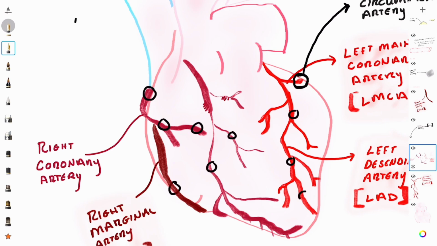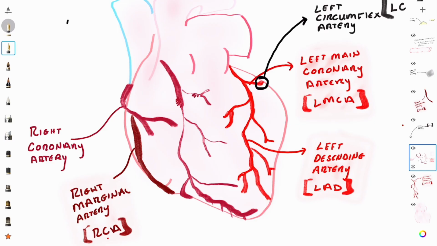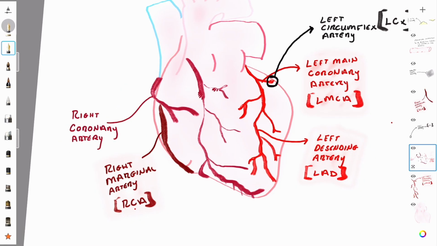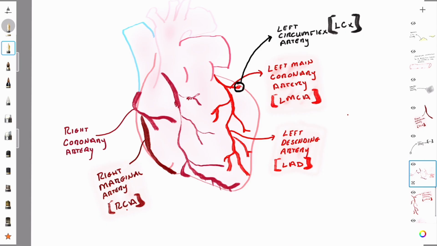And depending on where these blockages occur, that is going to impact which part of the heart is going to experience this cell death, right? So I'm going to take these away and just trying to get you to understand that these blockages can occur anywhere. Here's another one here.